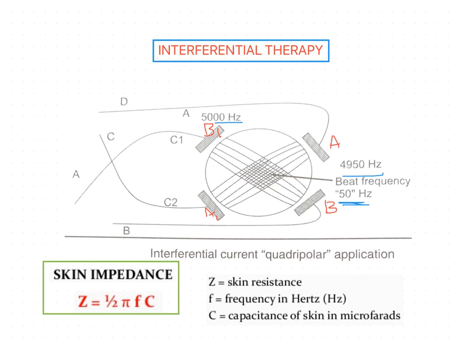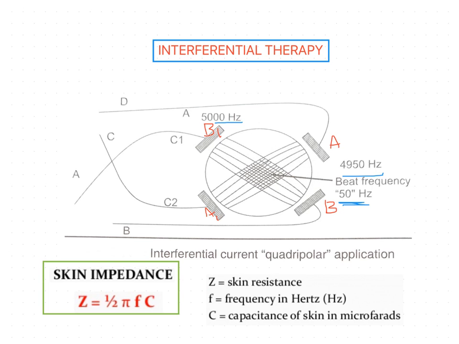For example, 5000 is kept constant, and the other can be varied between 4900 and 5000. The beat frequency is equal to the difference in frequency between the two currents, produced in the tissue at the point where the two currents cross.